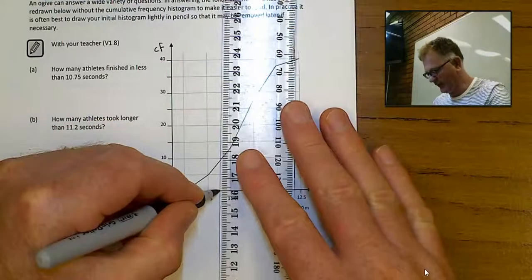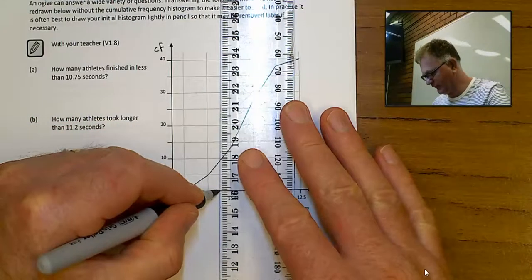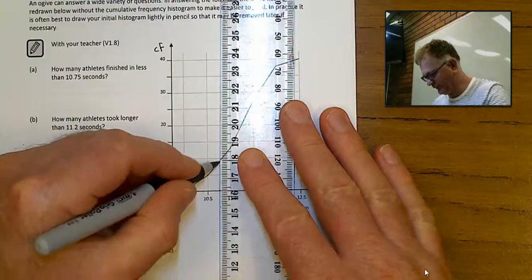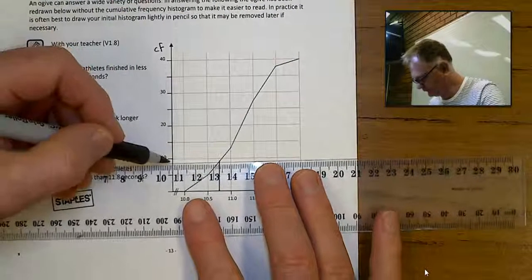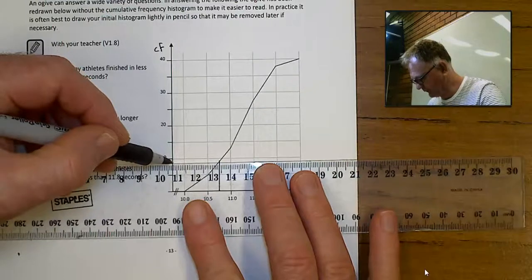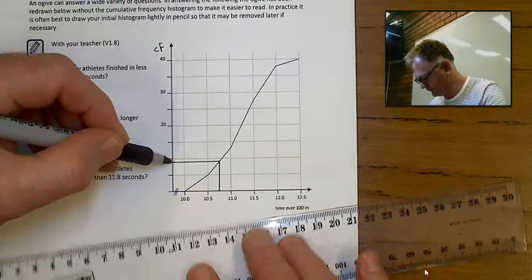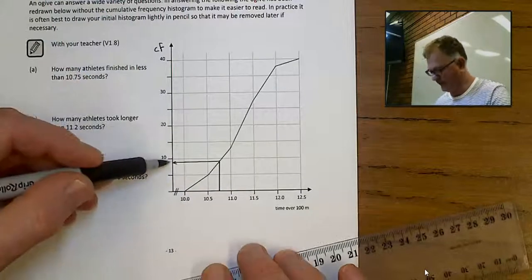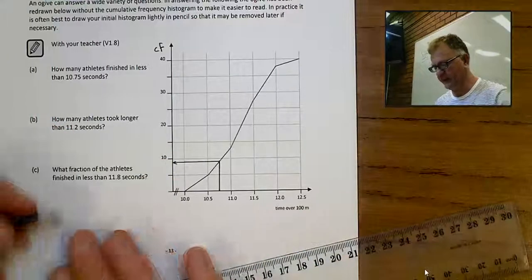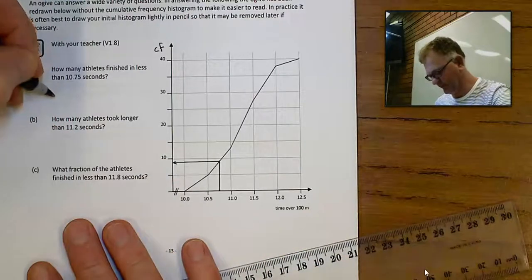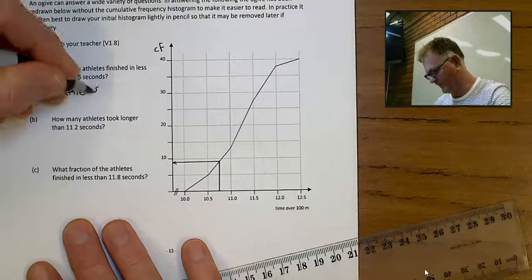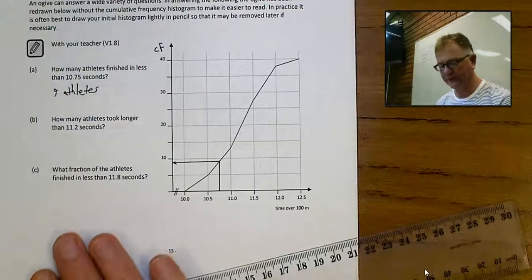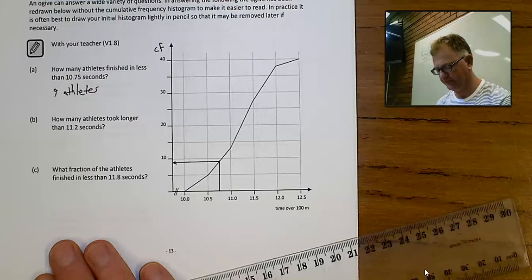If I go there and go up to my graph, straight up and straight along, I'm going to have to estimate a little bit. That's 5, 10. It looks to me like about 9 athletes finished in less than 10.75 seconds.